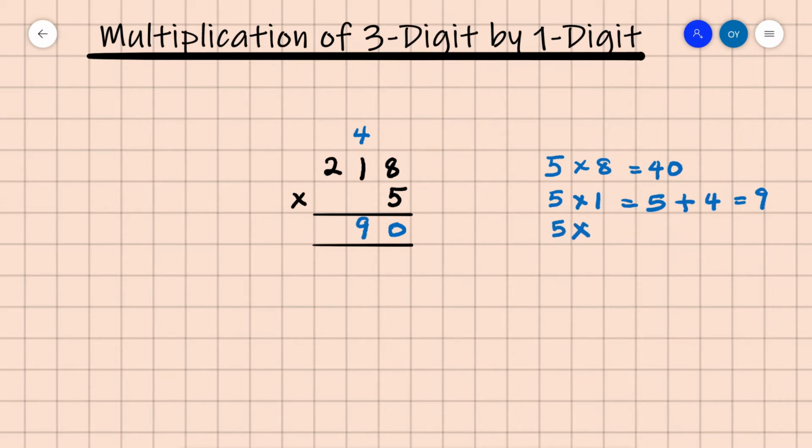Now 5 times 2 is 10. We don't have any carryover, so we write the whole 10. And that is 218 multiplied by 5, and that gives us 1090.